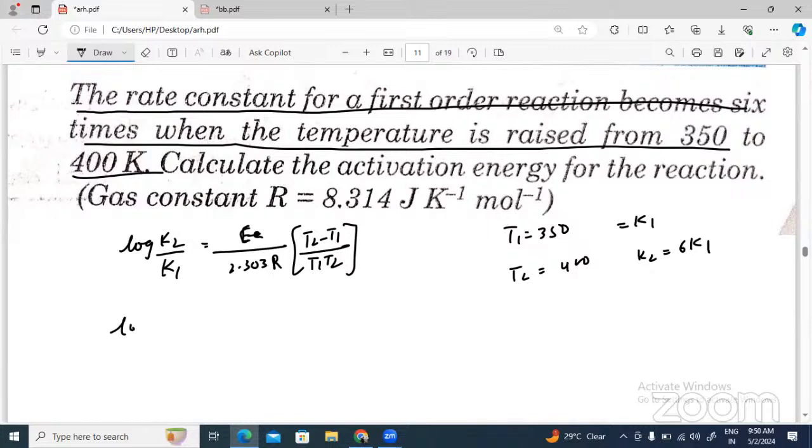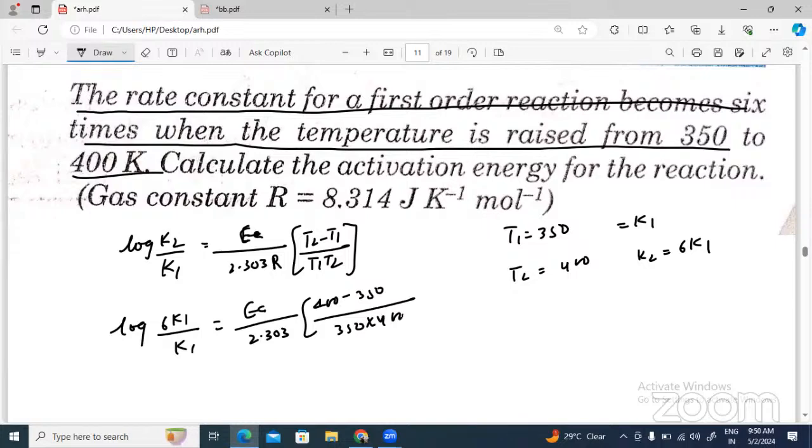So what can we write? Log of 6 K1 upon K1 is equal to activation energy upon 2.303, into T2 minus T1, 400 minus 350, divided by 350 multiplied by 400.